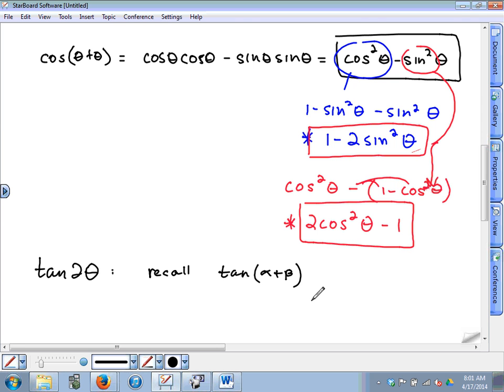This is what we talked about last time. There's still a little bit of a pattern, maybe not as easy to memorize as the sine and the cosine. Tangent alpha plus tangent beta over 1 minus tangent alpha tangent beta.